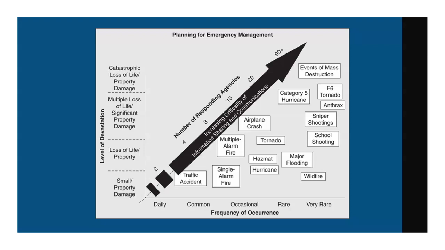But the more damage we're going to have and the more critical the event, the larger it gets, growing in size on the left-hand side. And then, of course, we see that it goes down in the frequency of occurrence on the bottom. So the higher this goes up, the less likely that it's going to happen. However, the bigger impact it's going to have on your facility or your community.